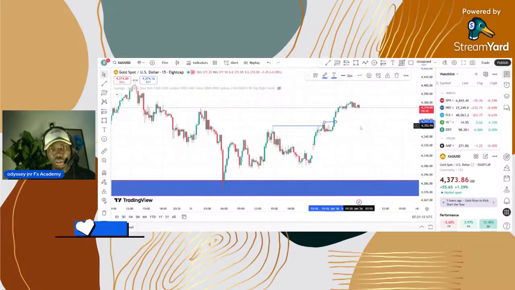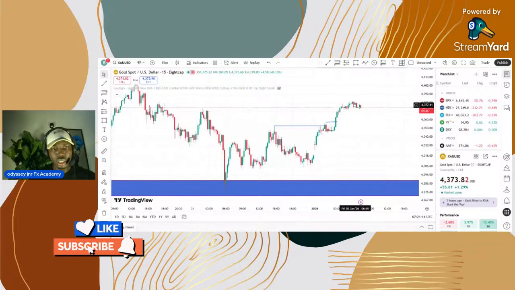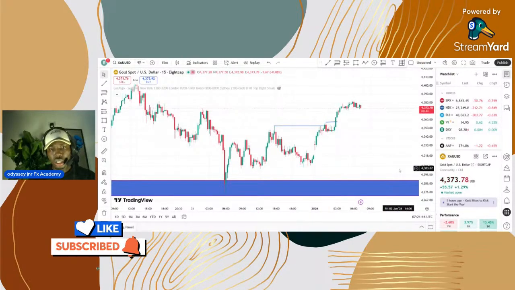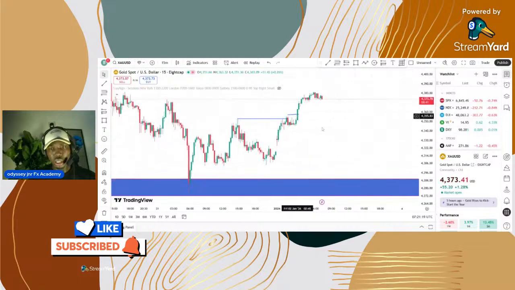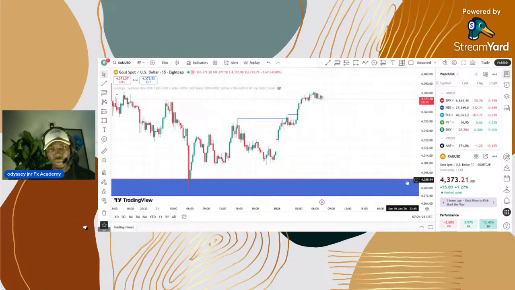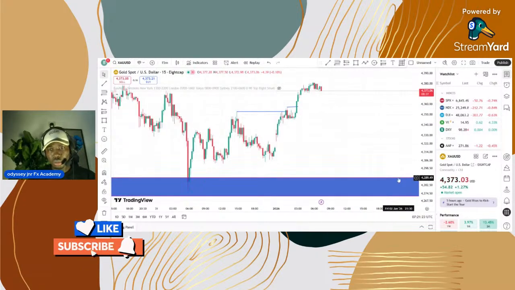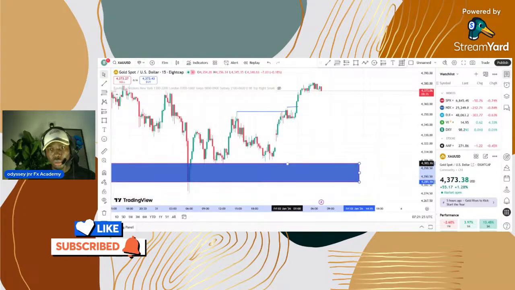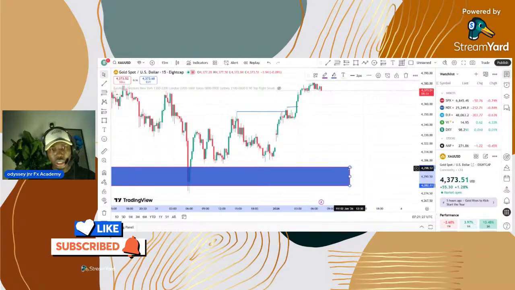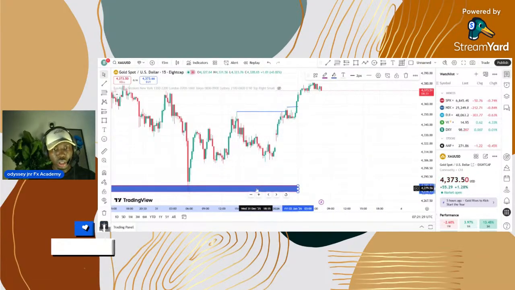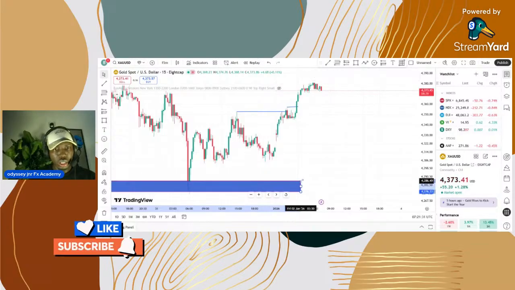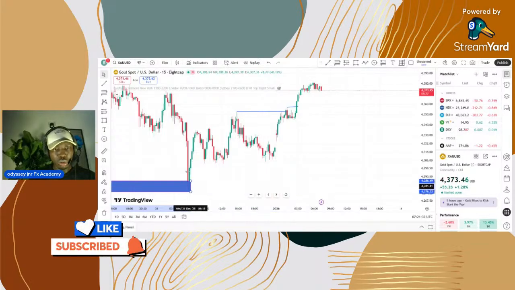I will do the break of structure to the upside. Let me see what we have here. This was the order block of the.